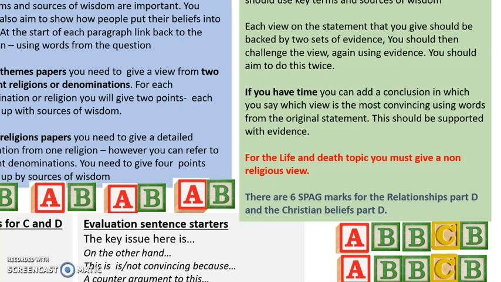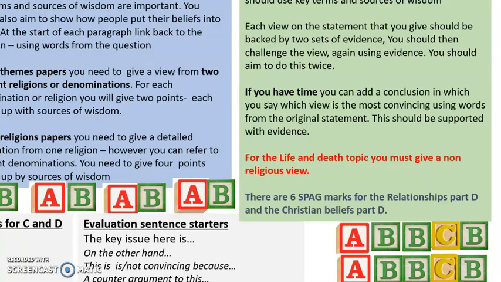However, if you have time, it is a good way of showing that you are answering the question because you return to the wording of the statement. You might say, having looked at the evidence on both sides, I think that Christians should believe marriage is for life, and briefly give your reason.